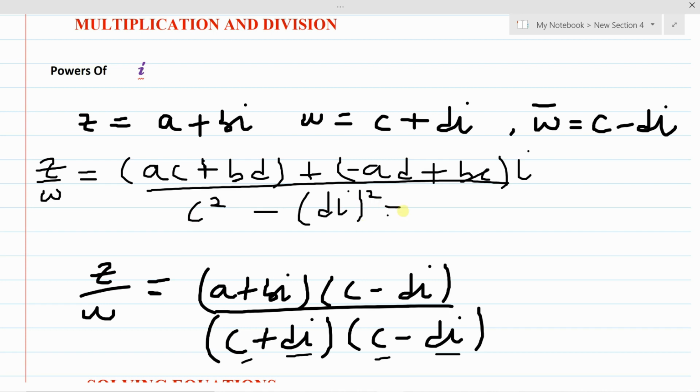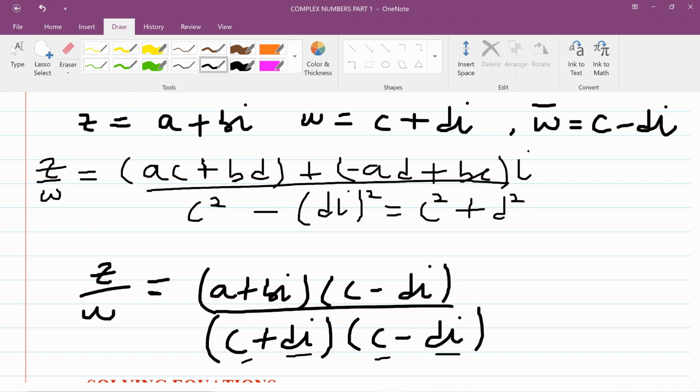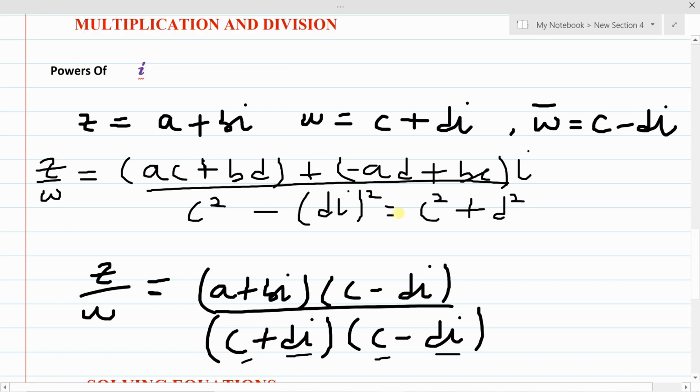The whole denominator will give us c squared minus d squared i squared, and i squared gives us negative one, so we minus d squared, that would be plus d squared. So in other words, we can rewrite the whole of this denominator as what?